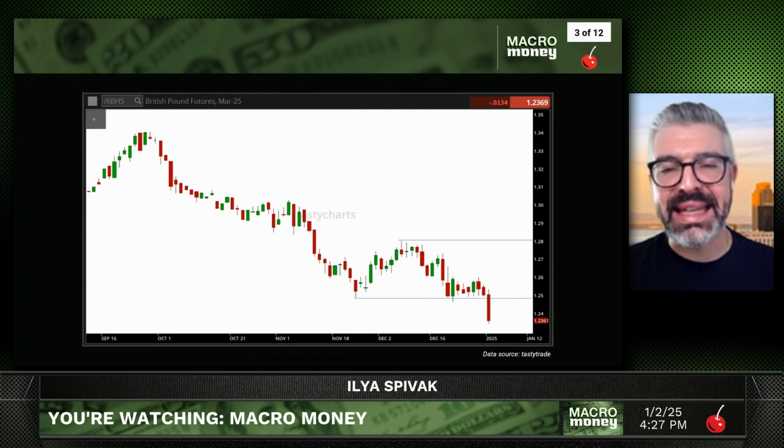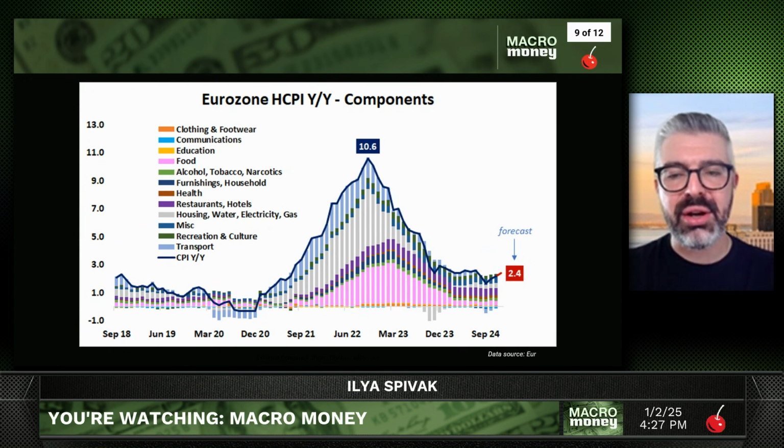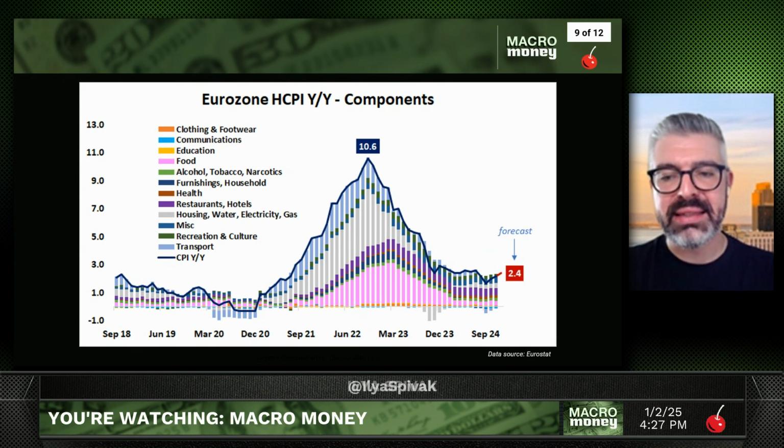And we might get one as we start next week, because the next big piece of macro data that we are going to get on all of this is going to be Eurozone inflation. And here we can see that what we're expecting is that in December, Eurozone CPI went up.